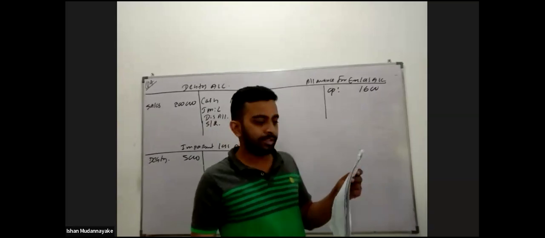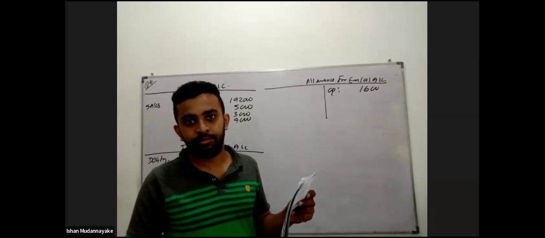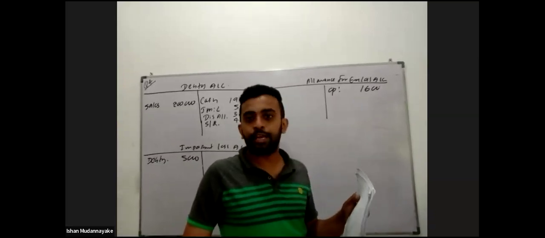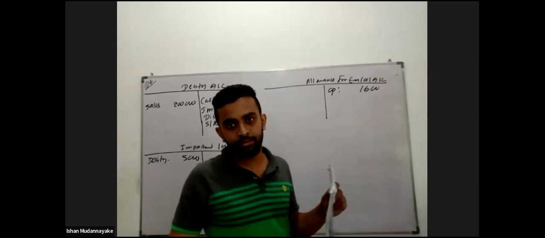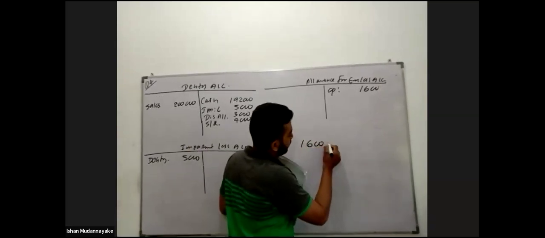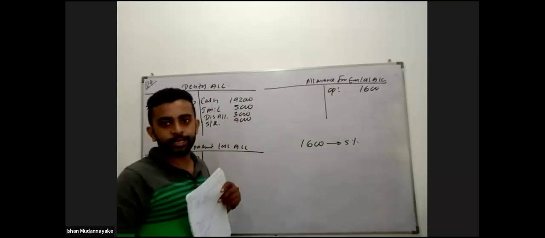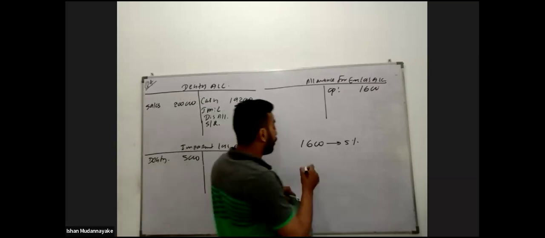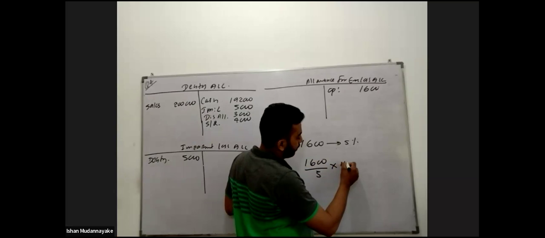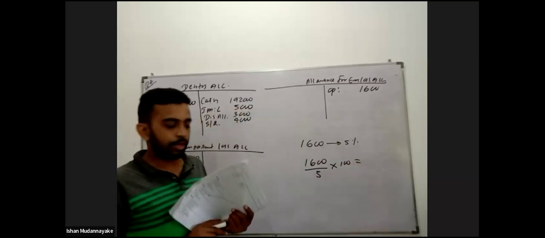That 1,600 is 5% of the opening debtors balance. Using that, you can calculate the opening debtors balance: divide 1,600 by 5 and multiply by 100.